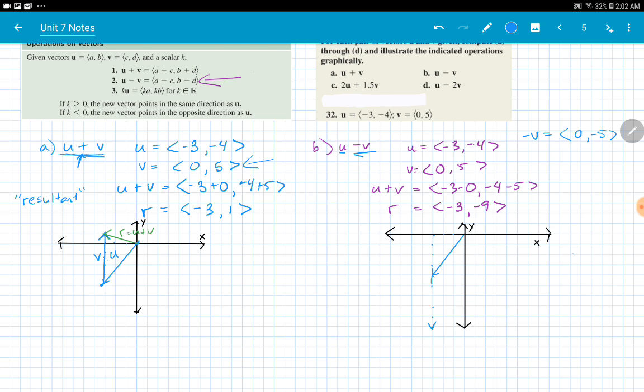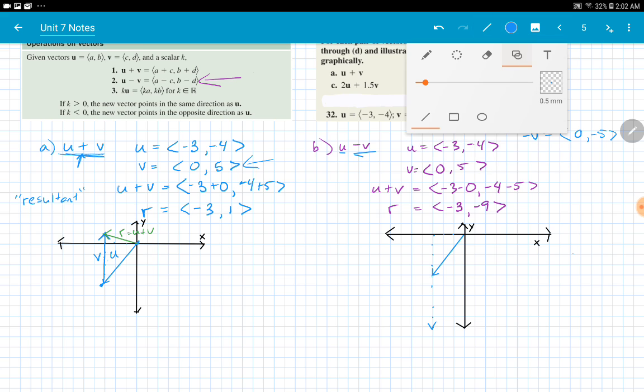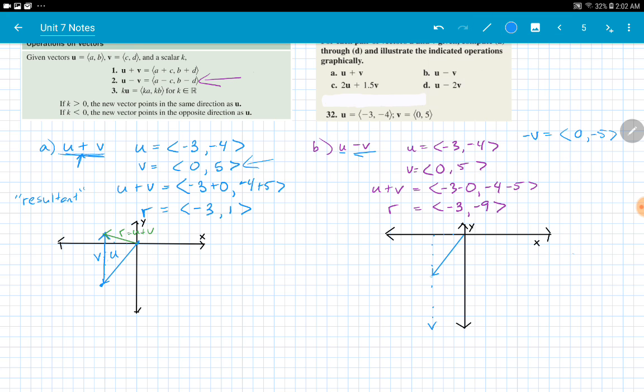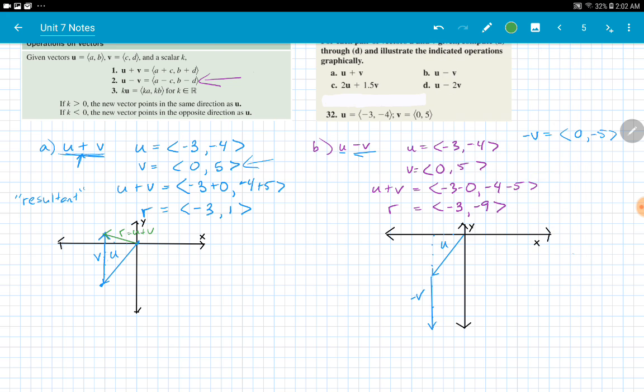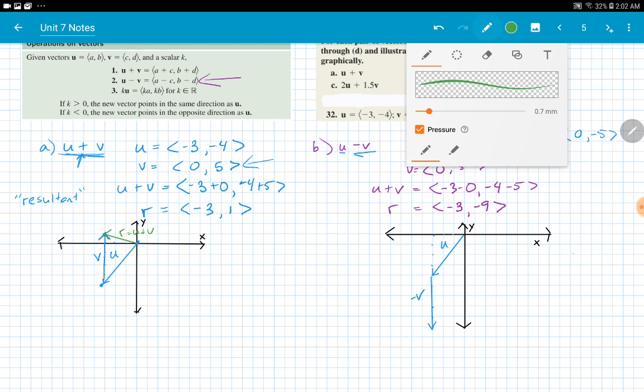Let's do a straight line tool. There we go. So this is u, and this one's negative v, or minus v. And that result, I will do in green again. So I start where u started and end where v ended.